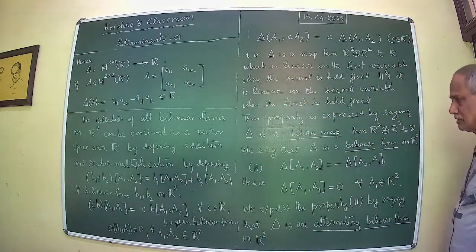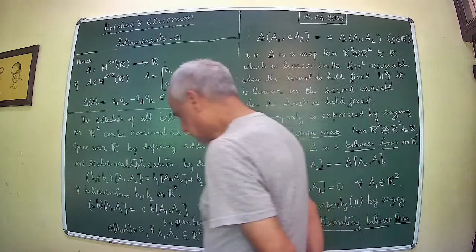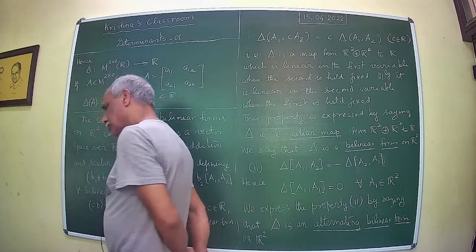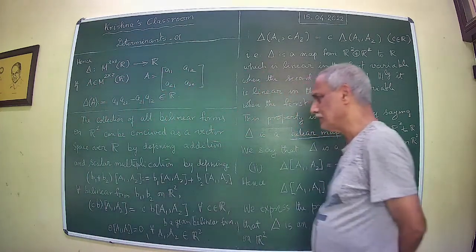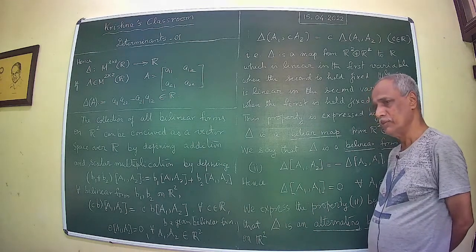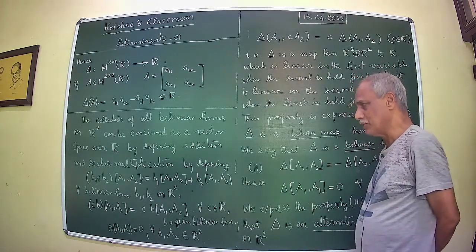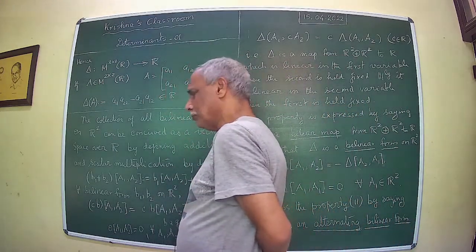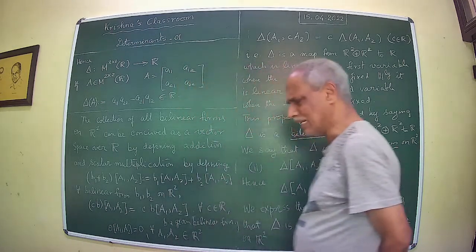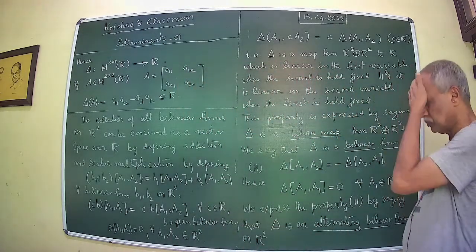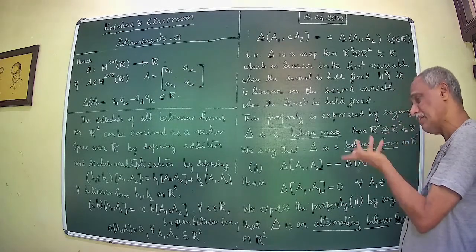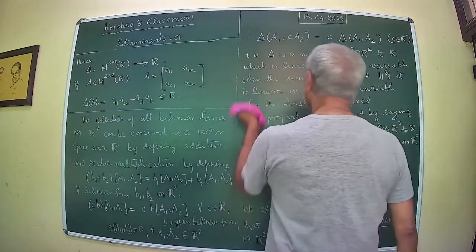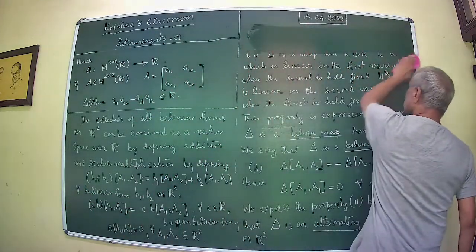And then the inverse of a bilinear form B is given by minus B. That means if B maps A1, A2 to some scalar, then minus B maps A1, A2 to the negative of that number. That's the definition of minus B. So you can easily verify that it is a linear space structure. I don't want to spend time on verification of this, I leave it to you.